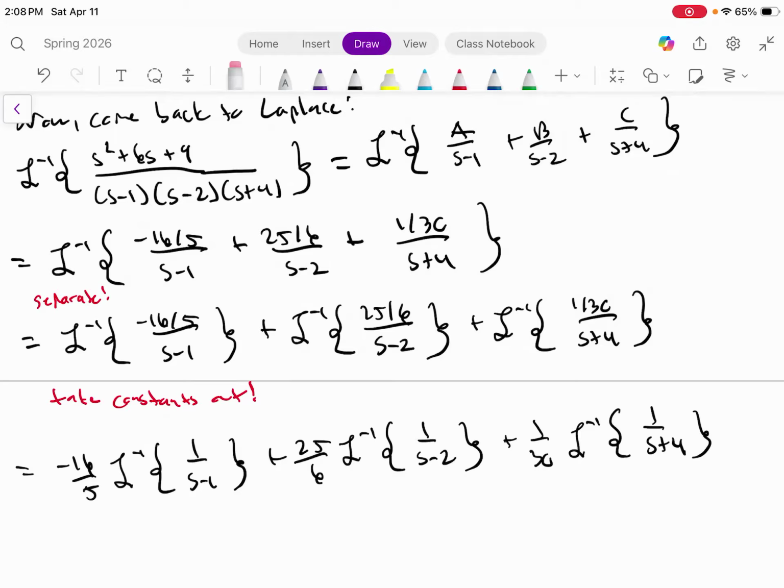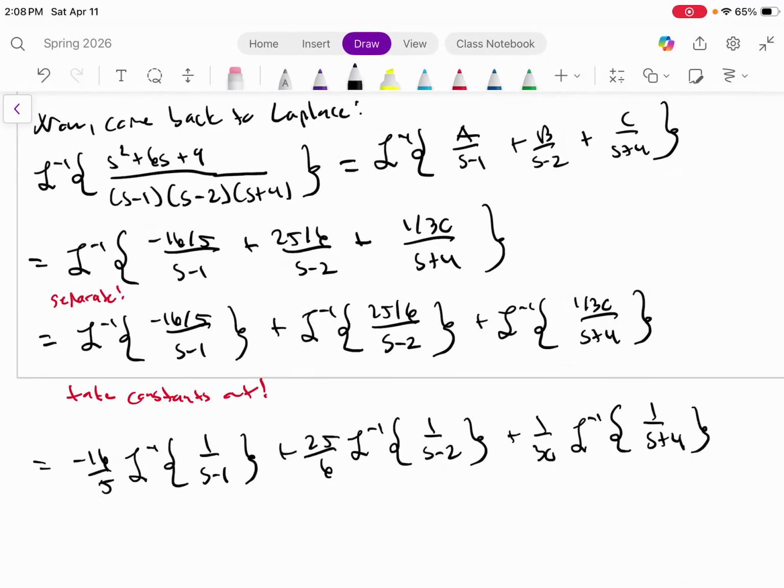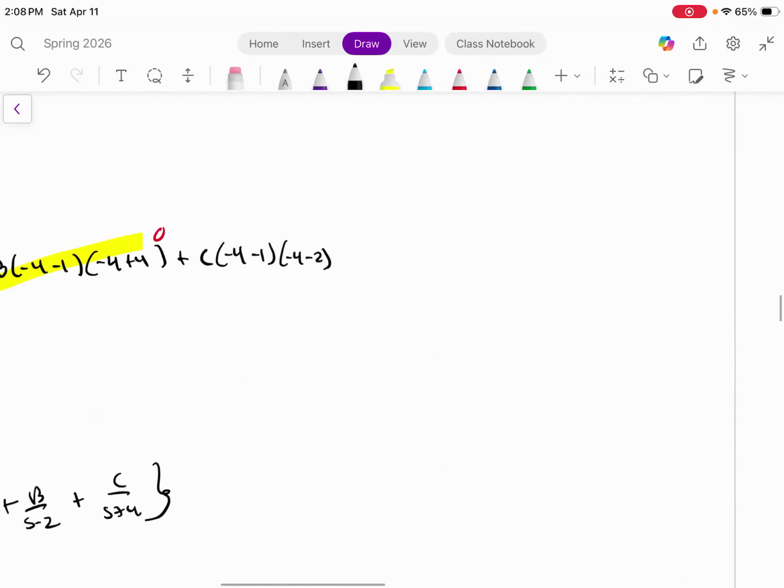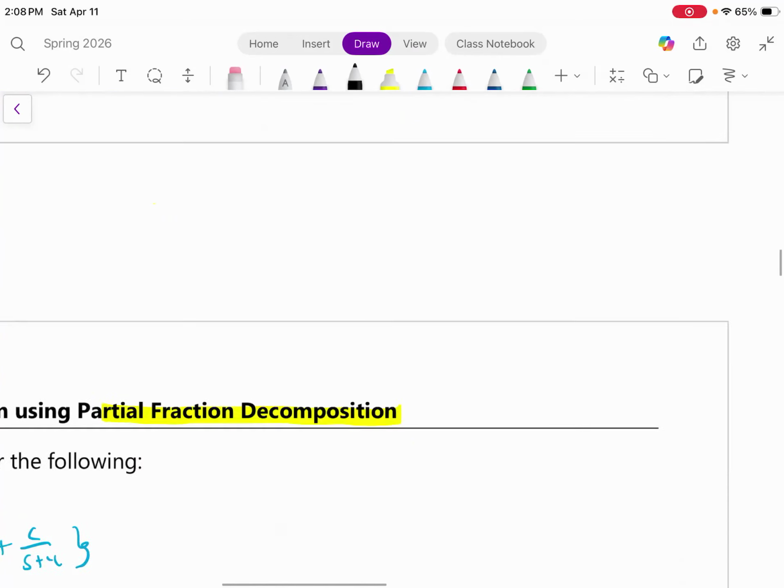Okay, so this is where having a table handy would help us figure out what these Laplace transforms look like originally. So let's go up to that table we have all the way up here.